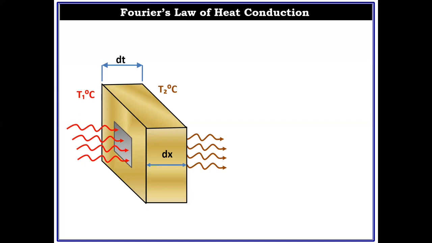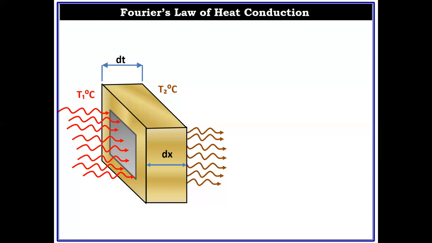Now suppose the center portion which is responsible for heat transfer has its area increased. As we increase the area, more heat will transfer from this slab for the same temperature difference; the heat flow rate will increase as we increase the area.